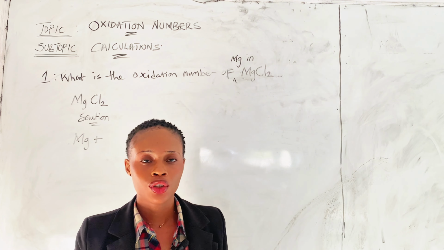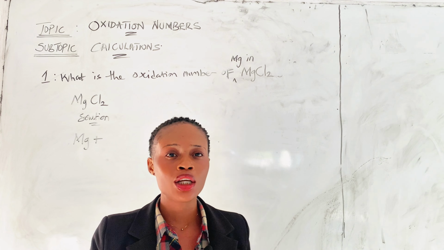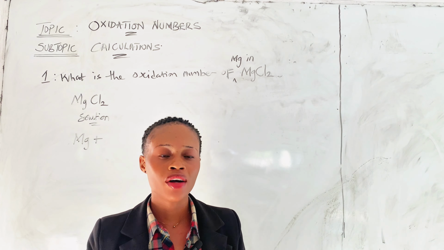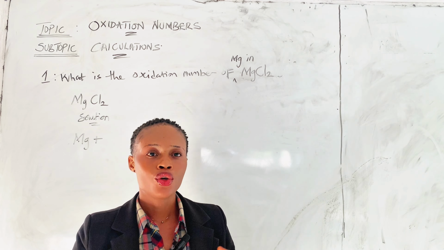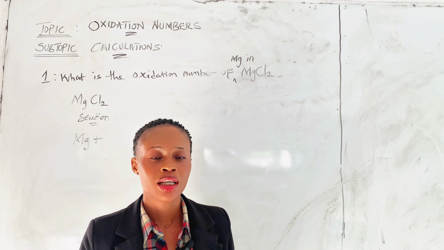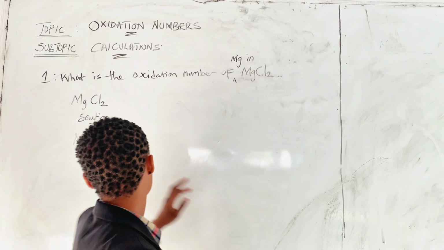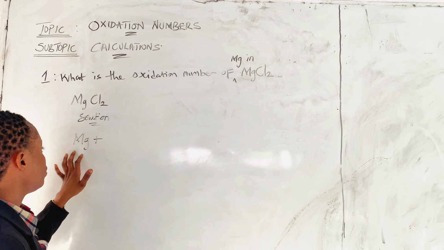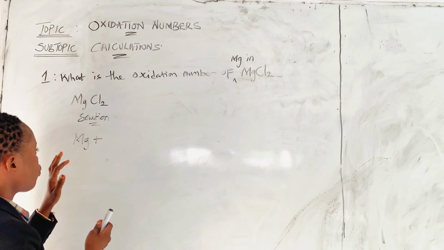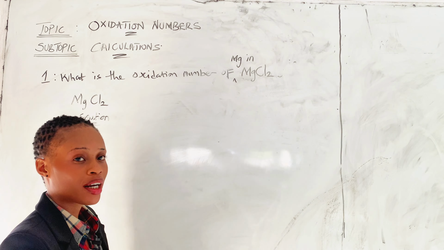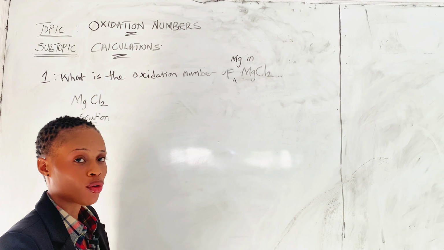When you add up your oxidation numbers, it must equal the charge of that compound. So if a compound has a charge of -1, your oxidation numbers when you add them up must have a charge of -1. Okay, so we know that we're looking for magnesium and then chlorine. So what we are doing is adding up the oxidation numbers of the elements.